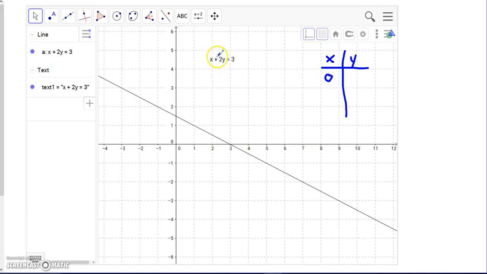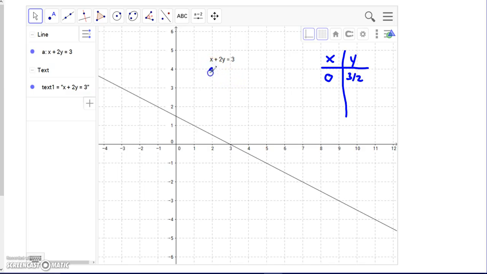If x is 0, substitute x with 0, then 2y is equal to 3 and y is equal to 3 halves. Y has to equal 3 halves to make this a true statement. So if x is 0 and y is 3 halves, then you get 3 is equal to 3.